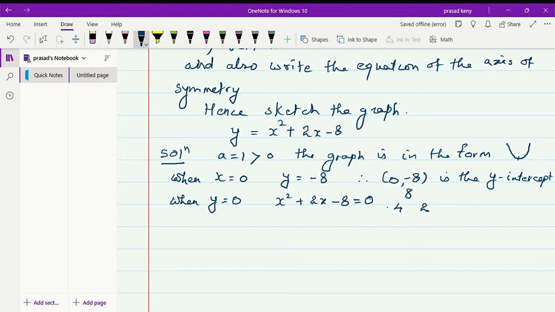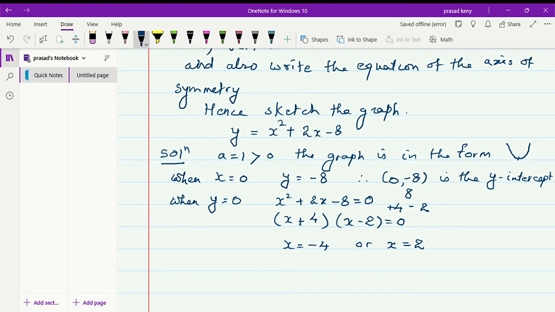So positive 4, negative 2. And hence the two factors are (x + 4)(x − 2) = 0. When you equate x + 4 to 0, you will get x = −4, or x = 2.